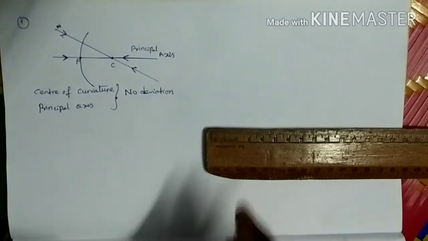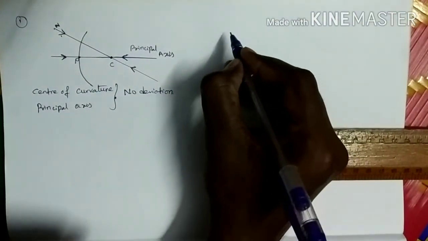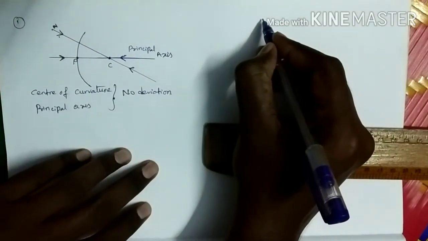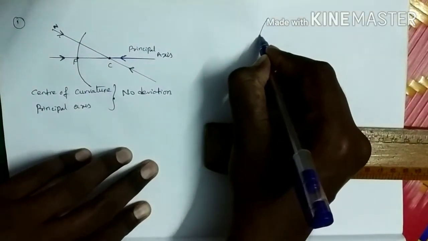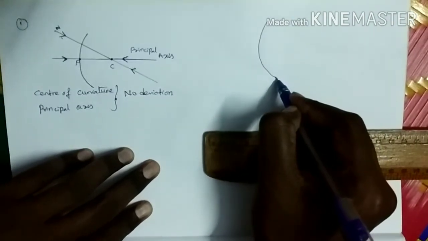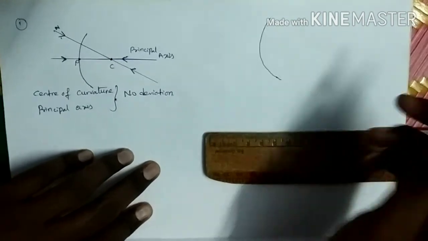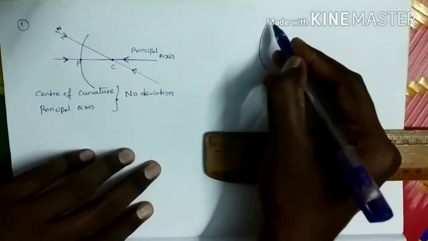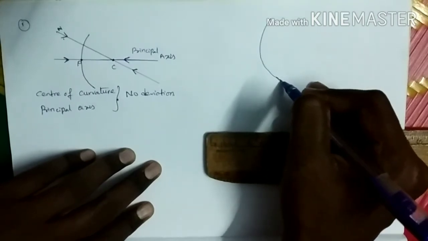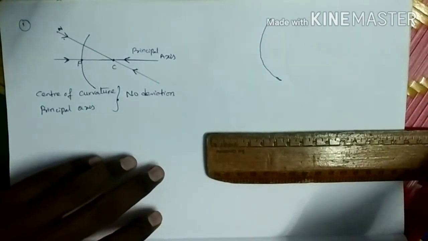Now let us see what happens when the light travels parallel to the principal axis. Here I am considering a curved surface, a convex curved surface. Just now I said the surface which bulges out, that we call a convex curved surface.